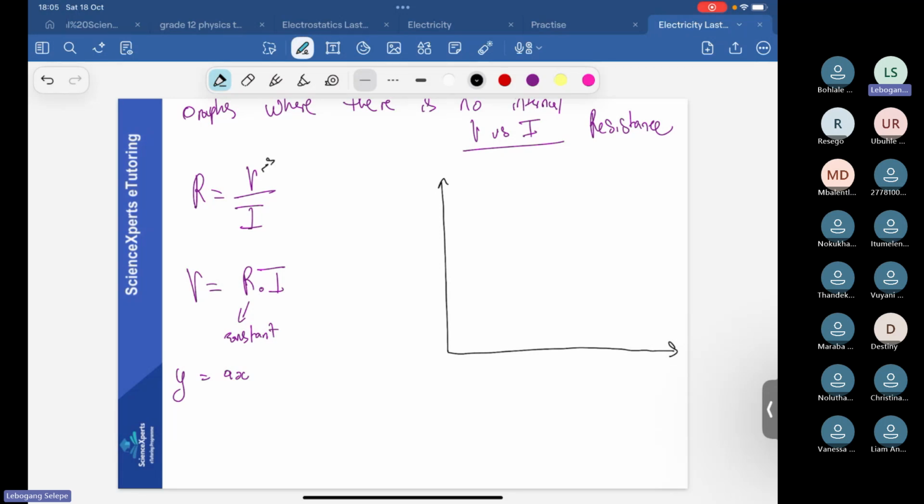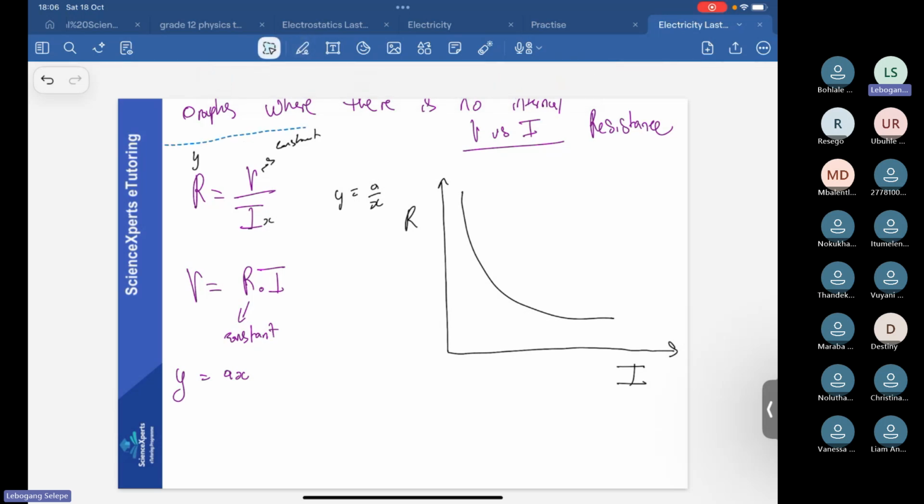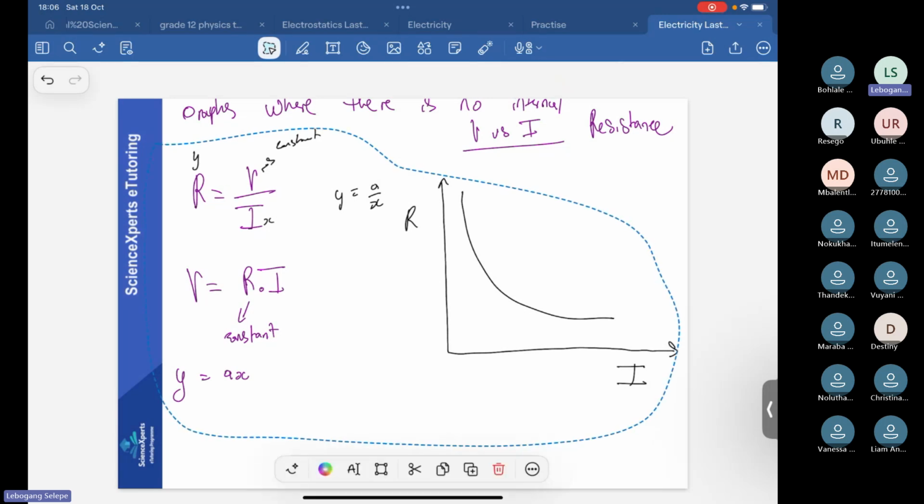So R equals V over I. If this is Y, this is constant, this is X, we would have Y equals A over X. This would be a hyperbola that looks like this, where we have R here and we have I there, right? So you see the graphs, guys, you don't have to memorize them. You can just understand how the equations came about.